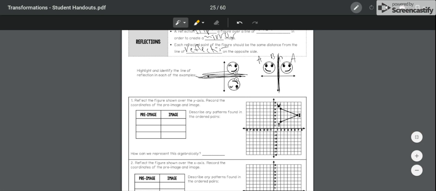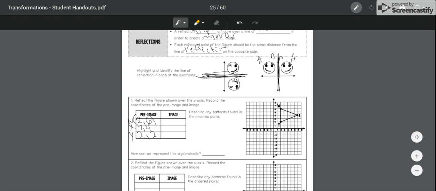So we have W, X, and Y. The W is over 2 and up 6. It's hard to write with this, so I will put parentheses, but probably not on everything. The X is 7, 4, over 7, up 4, and then the Y is over 2 and up 2.